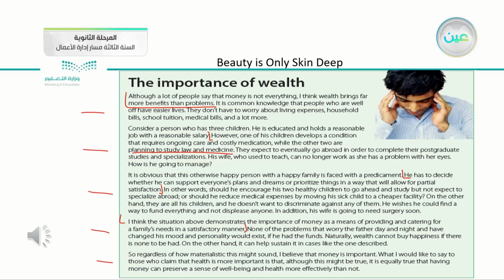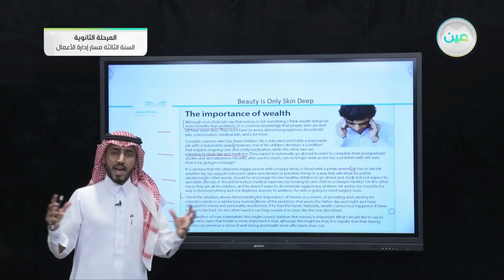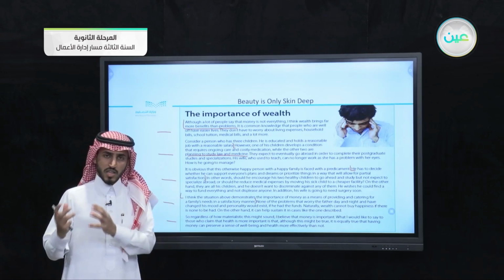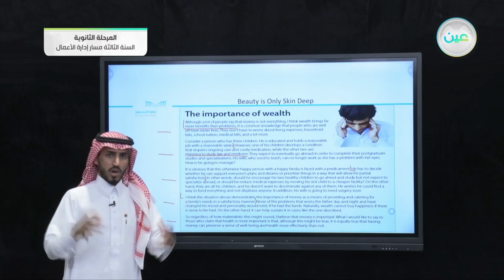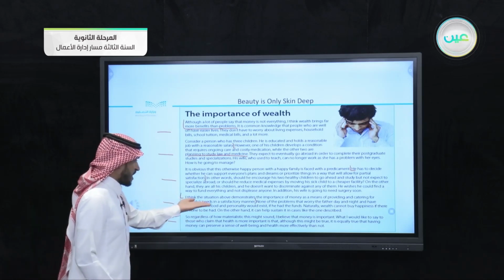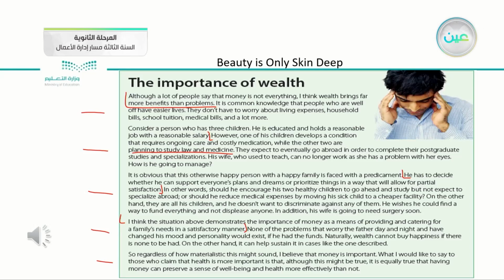So after identifying 4 thesis statements, we know that a thesis statement is one sentence. It is not a part of a sentence, it is one sentence, like we have here. I think the situation above demonstrates the importance of money as a means of providing and catering for families' needs in a satisfactory manner. So this is a complete sentence.